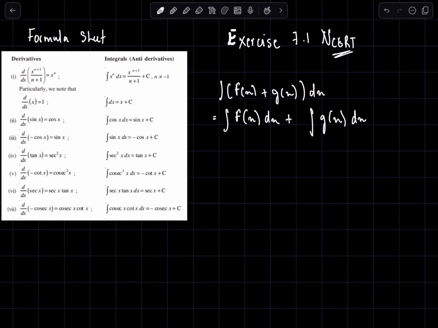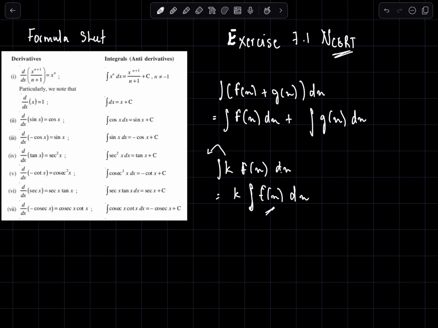Now we will be applying this property as well as the property of integral of k times f of x dx is equal to, bring the k out, which is k integral f of x dx. All you have to make sure is that f of x is integrable, that f of x is in the formula sheet. As simple as that.